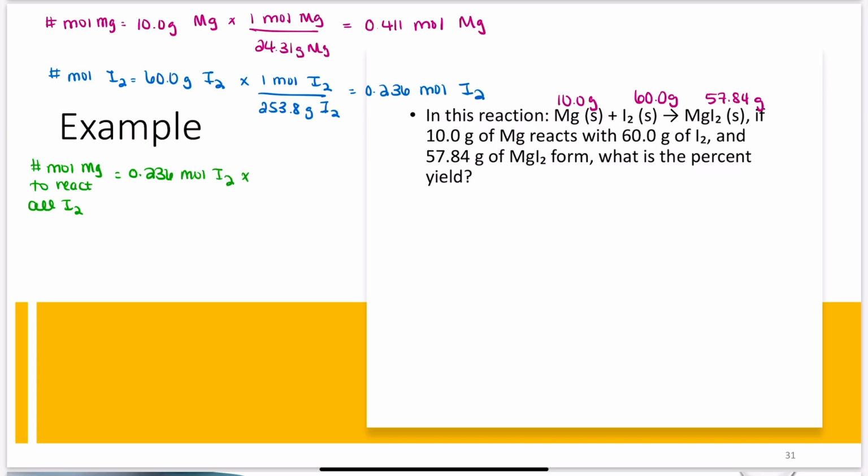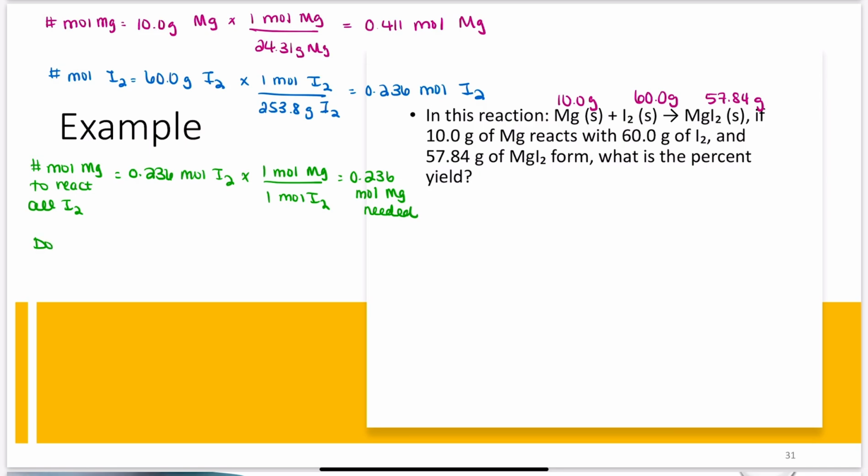I see it's a 1-to-1 ratio, which is convenient. 1 mole of magnesium to 1 mole of I2. Some students may say, why do I have to do this step? Because I can see clearly from the reaction that it's 1-to-1, therefore I2 is my limiting reactant. I don't care. If you want credit for the question, you show the work, okay? Because it's not always going to be 1-to-1. So you do have to show that it is 1-to-1. 0.236 moles of magnesium needed.